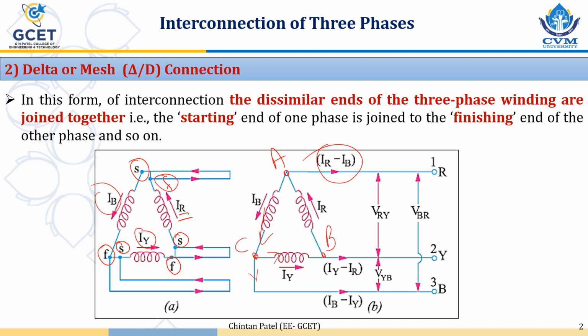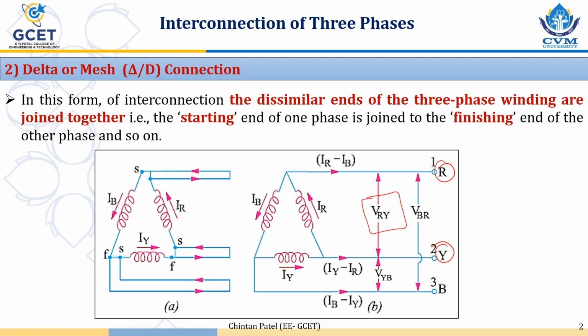Now between different terminals, the induced EMFs are also shown in the diagram. For example, the EMF measured between terminal R and terminal Y is VRY.